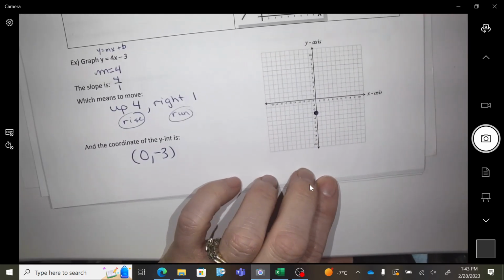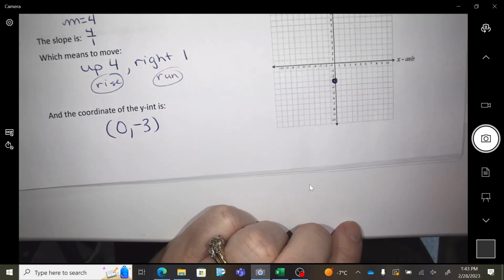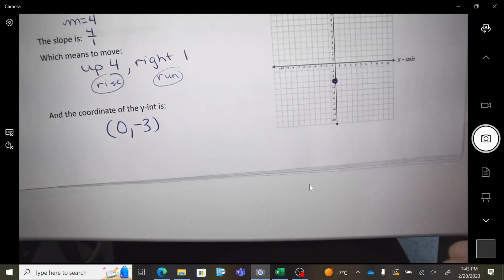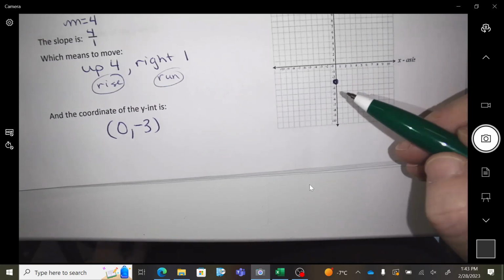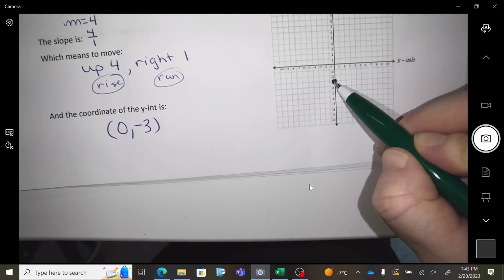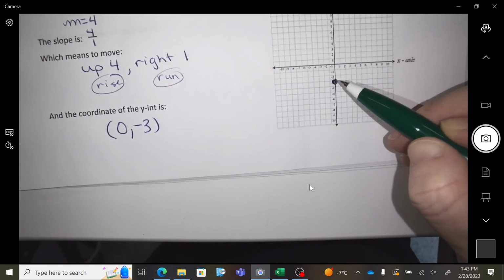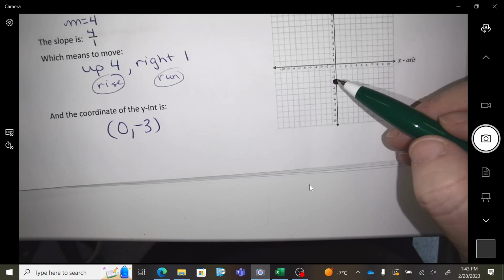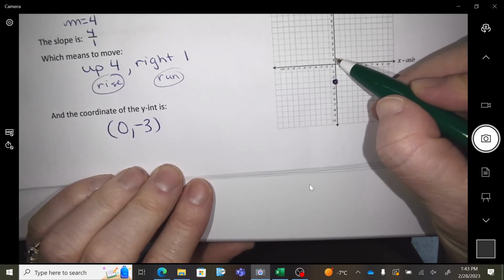So I need you to graph me 0, -3. Put that onto your graph. Okay, ready? Put your pen on that point. I need you to go 4 up. Yep. Great. So 1, 2, 3, 4 up.